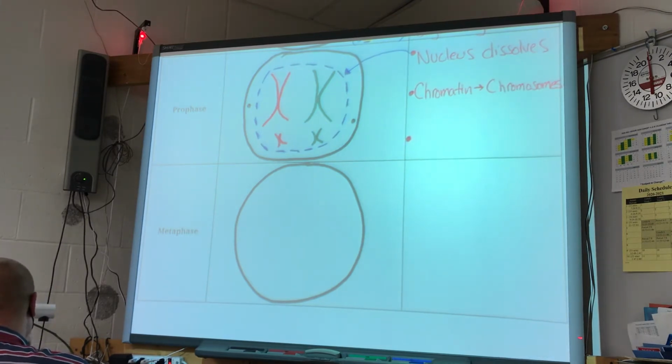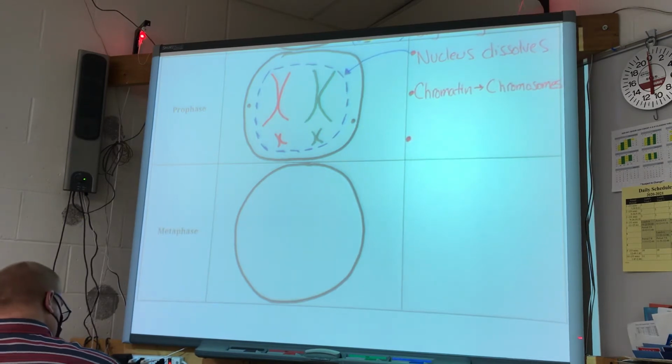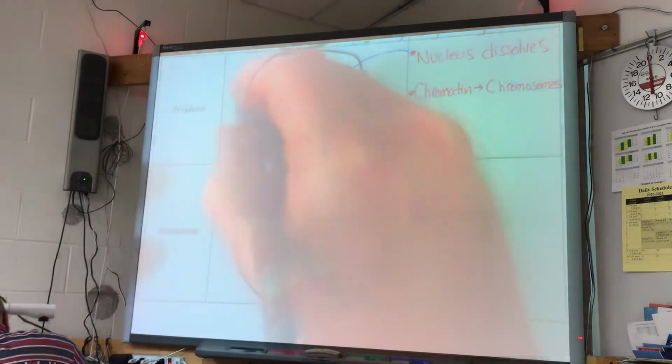Now we have homologous pairs. How many homologous pairs are shown here? 2. So why are they different sizes? The reason we're drawing them different sizes is to represent our different pairs of chromosomes. Different chromosomes are different sizes, they have different genes, they have different centromere locations.